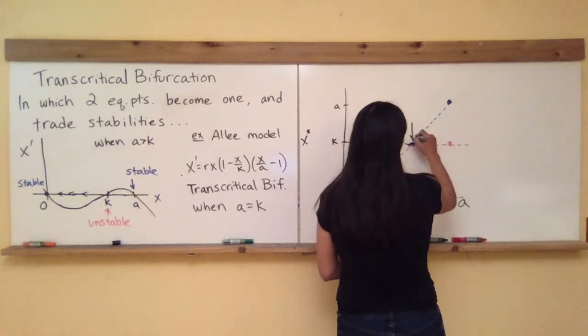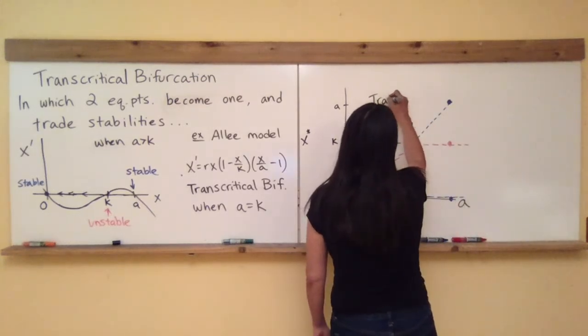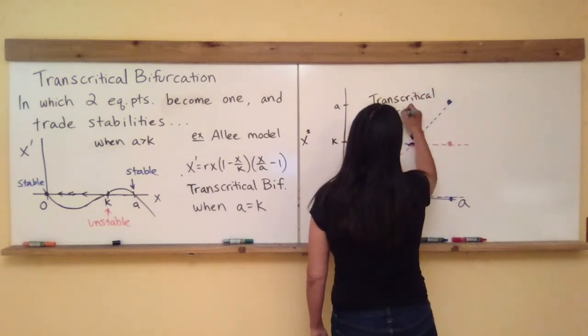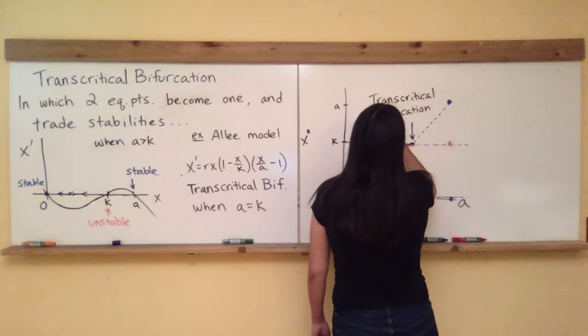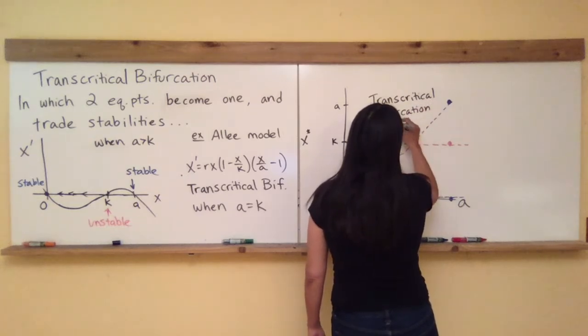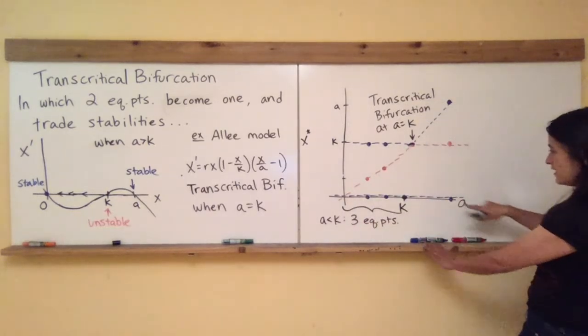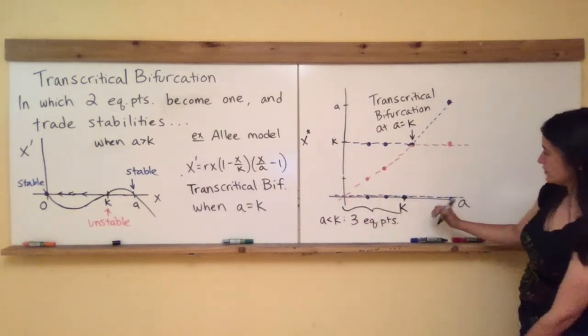I'll just label it right here for good measure. This is where we get the transcritical bifurcation at the value of A exactly equal to K. And on this side of the line, just like on that side of the line, we had three equilibria.